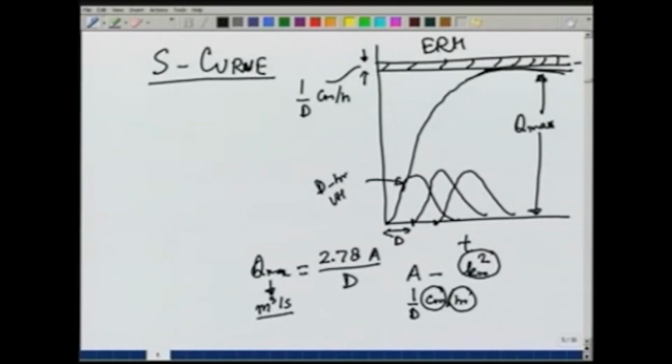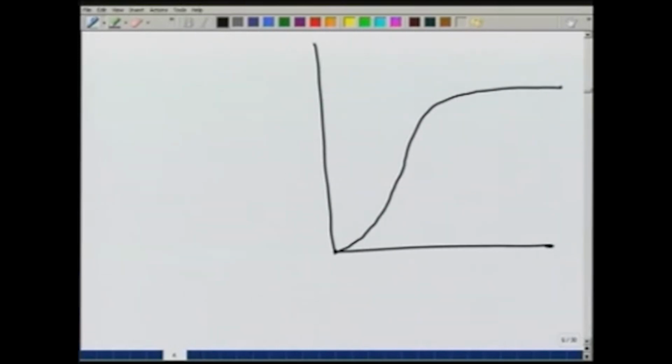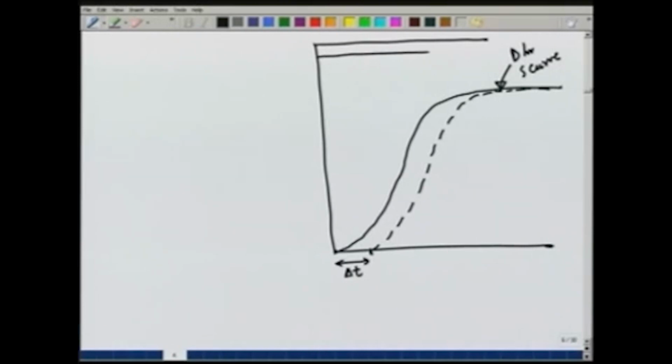Now, once we get the S curve, suppose we now shift this S curve by some amount, let us call it delta t. So, this is an S curve obtained from a d hour UH, so let us call it a d hour S curve, and then we shift it by an amount delta t, and draw the ERH for the first S curve.